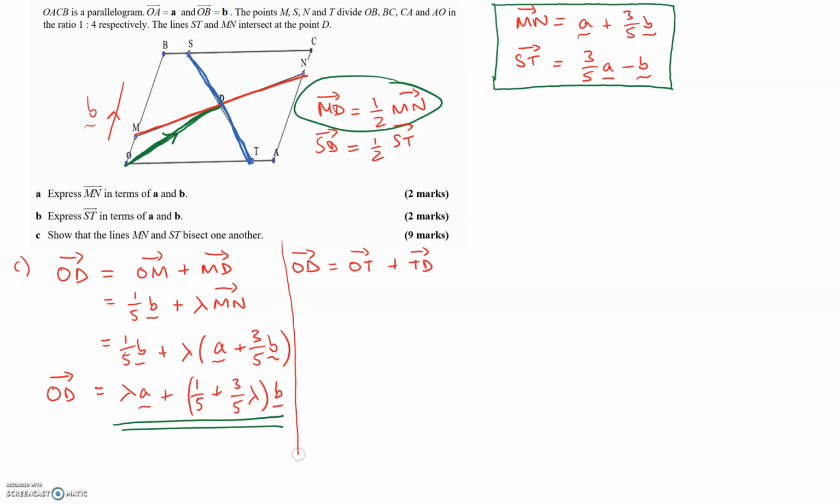Another way of writing the vector O to D is going O to T, T to D. The vector O to T, remember, is 4/5 A. The vector T to D, again, is some multiple of the vector S to T, or T to S. Let's call it something else. Let's call it mu, why not?